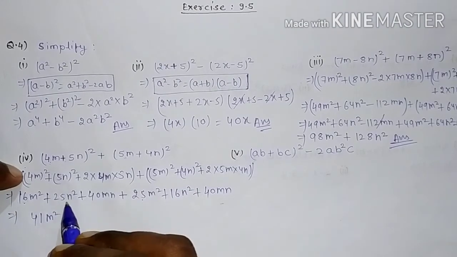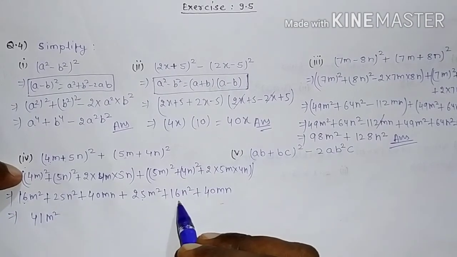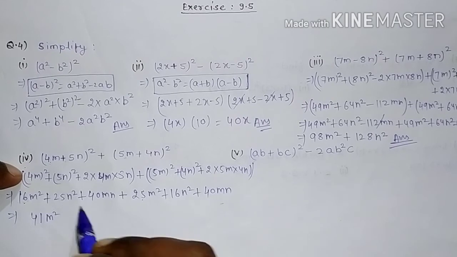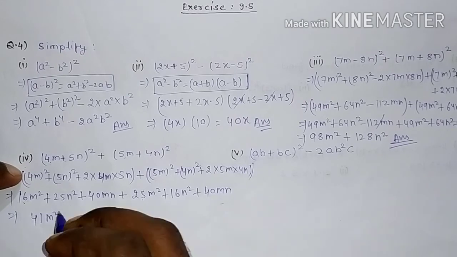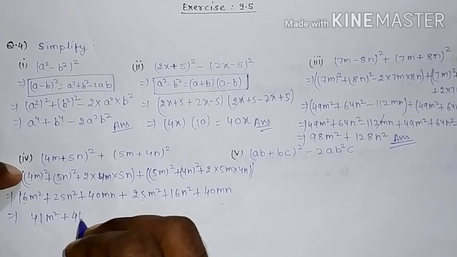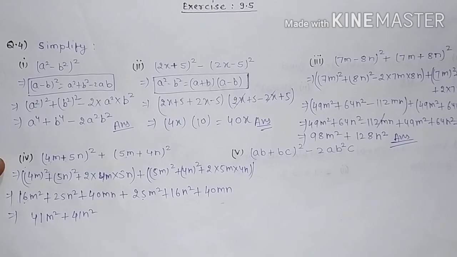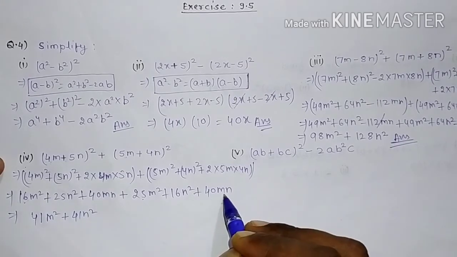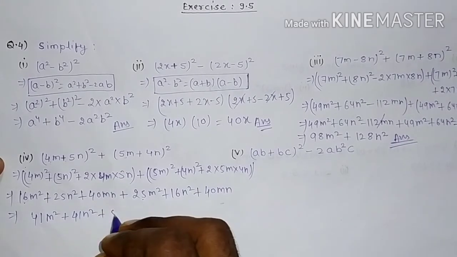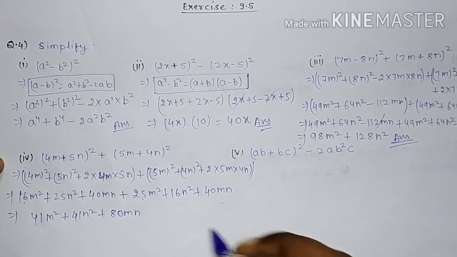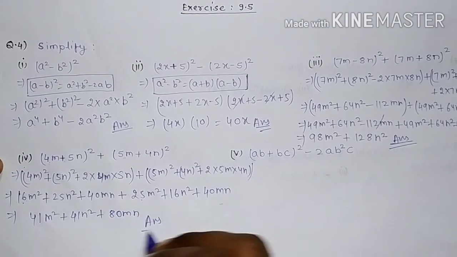Similarly, 25n square and 16n square are both like terms, so it will be 41n square. 40mn plus 40mn will be 80mn, and this is the answer, and it's very easy.